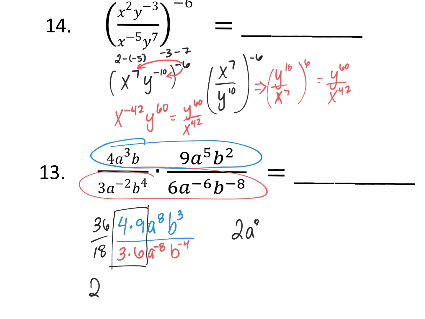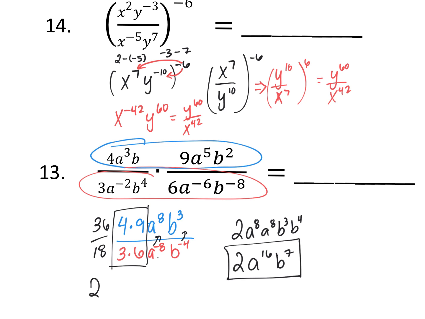And I have a to the 8th. Can I move this one up? a to the negative 8 in the bottom? Because I have a negative in the bottom, that moves it up, doesn't it? Oh, yes, so there's 2 a's, and then I can move up the b. b cubed and b to the 4th. So a to the 16th, b to the 7th.